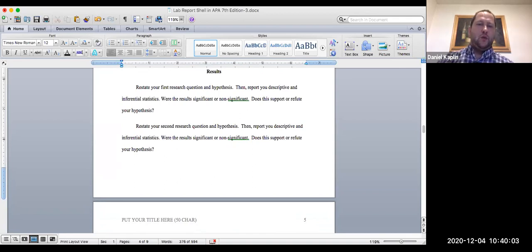In research question 1, I examined whether males and females differed in masculinity mean scores. Using an independent samples t-test, we found that males had significantly higher or greater masculinity mean scores than females. These results support our hypothesis in research question 1. So that's how you would write it.